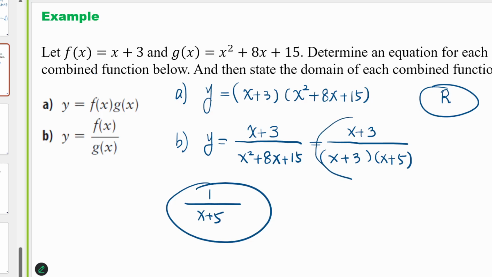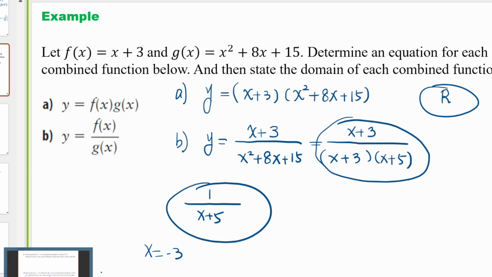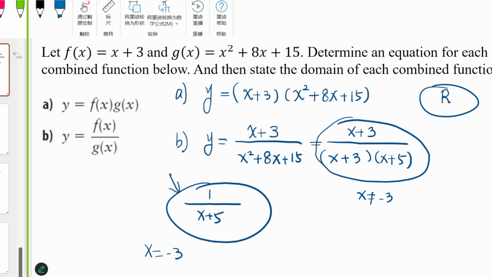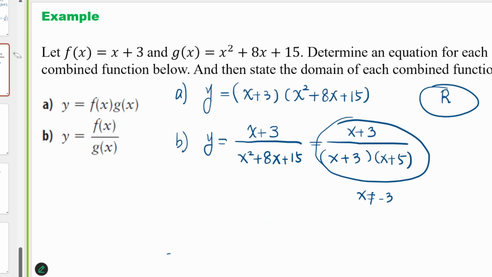These two functions are actually different. Why? Because in the second function, x can be negative 3, right? But in the first expression, x cannot be negative 3 because you have an x plus 3 here. So you lost a restriction for x in the second expression. So do not simply cancel that.